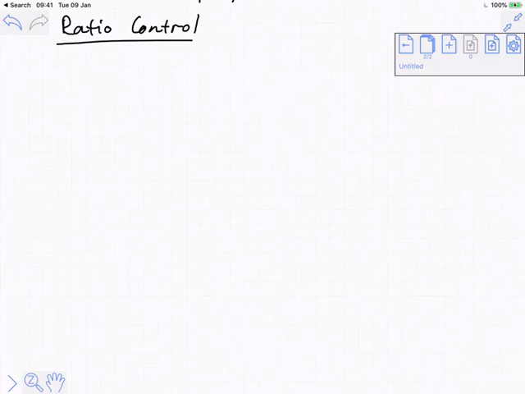Chance for misperception here. So ratio control in broad strokes has a very obvious kind of application.